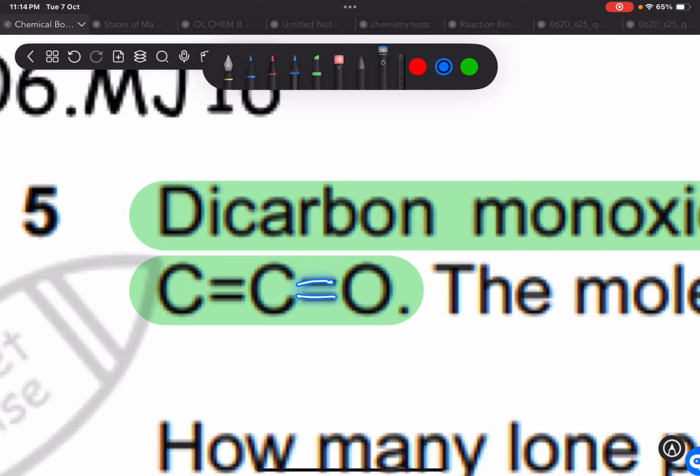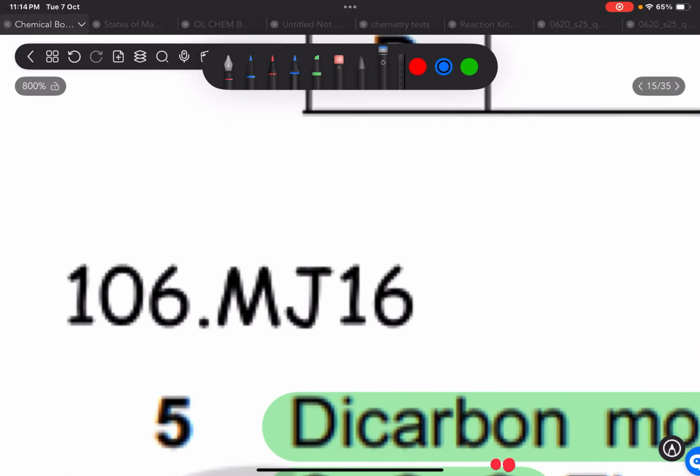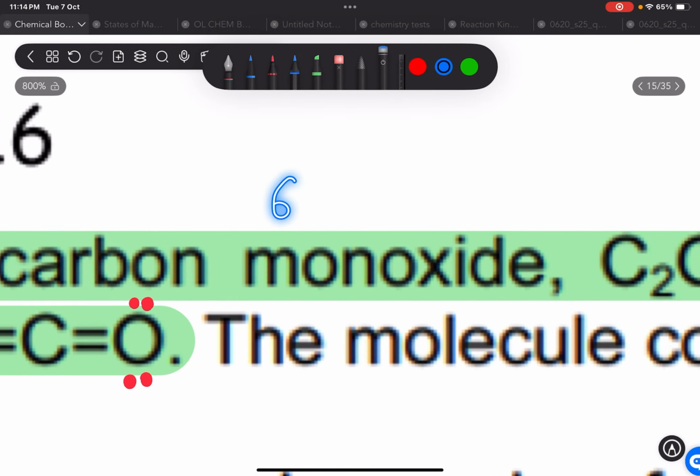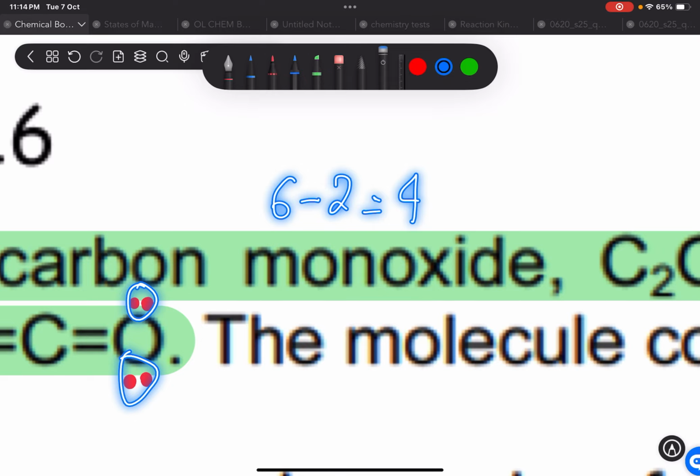Oxygen should have how many lone pairs? 2 lone pairs. Why? Because out of 6 electrons, 2 are involved in bonding. 6 minus 2 equals 4, and these are 4 electrons.